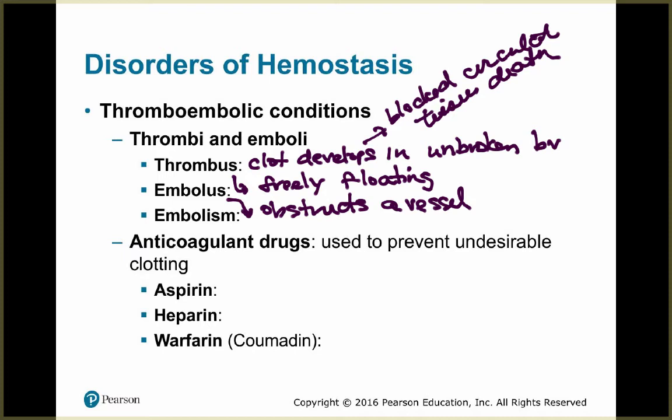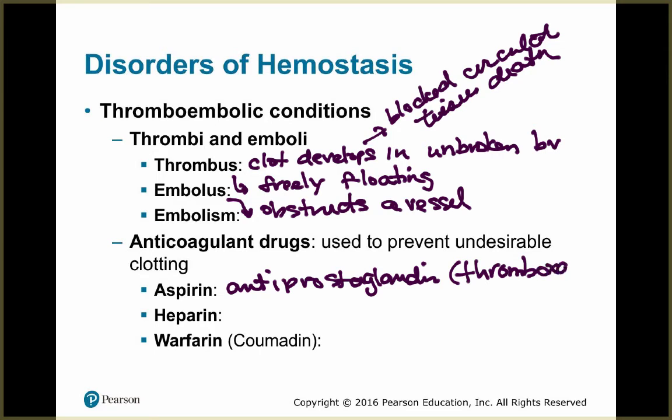Now, there are anticoagulant drugs. These are used to prevent undesirable clotting. So aspirin is one. And this is an antiprostaglandin. And basically what it does is it inhibits thromboxane A. Heparin is an anticoagulant that's used clinically before and post-operative for cardiac care.